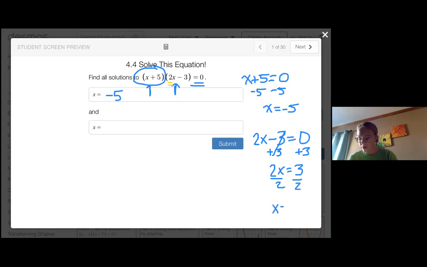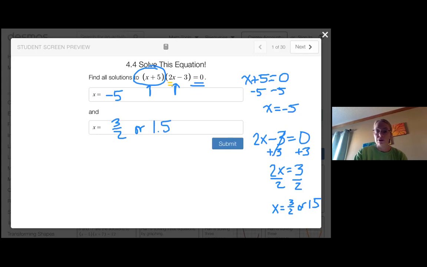So x equals 3/2. Or if you have fraction phobia, that's 1.5. I prefer that it's written in fraction format, but again, there's no difference between 3/2 and 1.5.